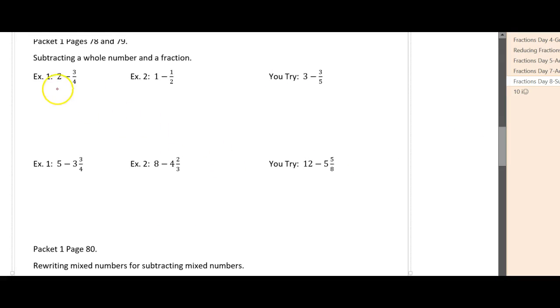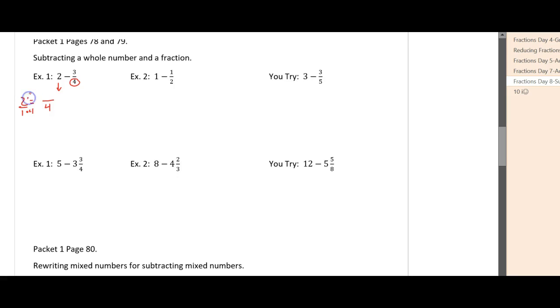So with this, anytime I'm subtracting a fraction from a whole number, the first thing I'm going to do is change the whole number to a fraction with the denominator of 4. I have to match that denominator. So what do I have to multiply 1 by? 4.